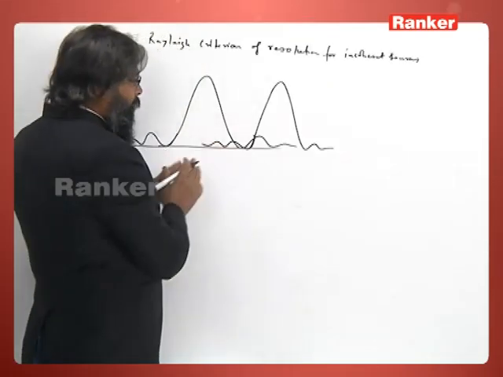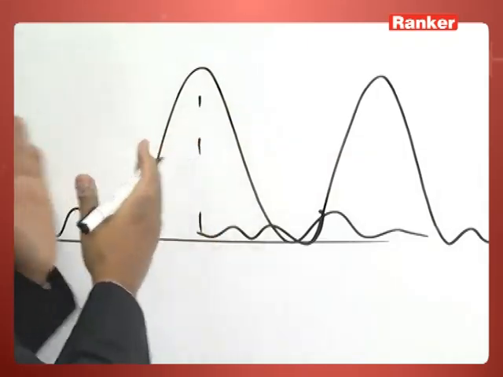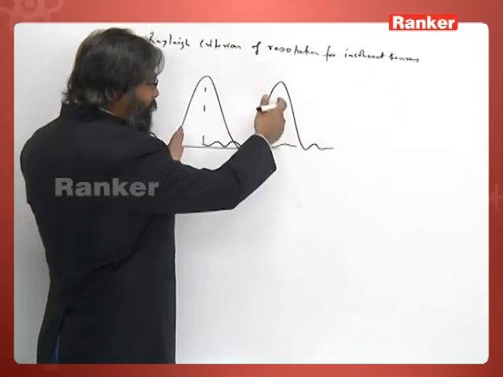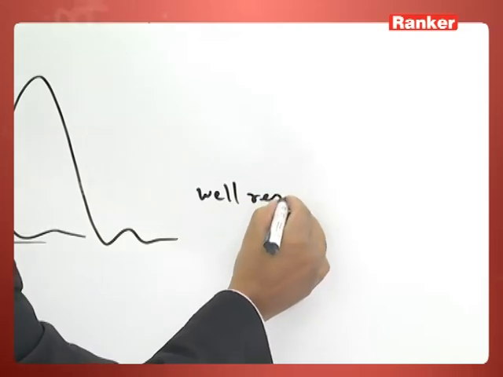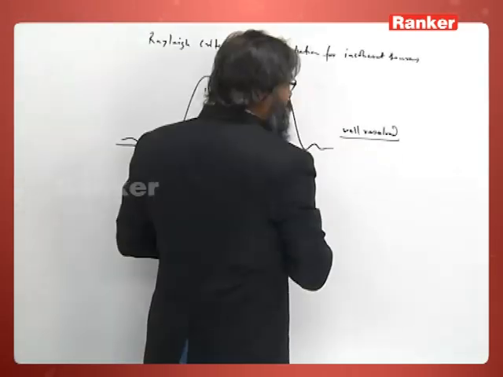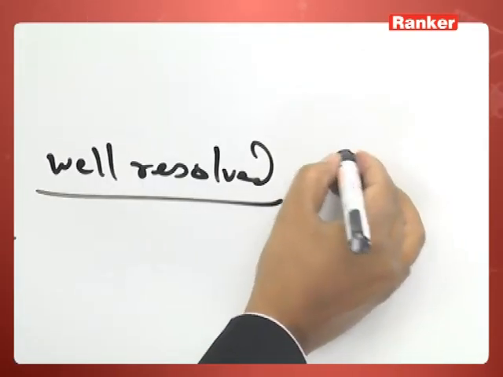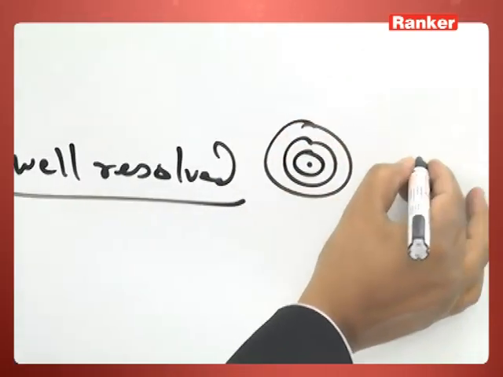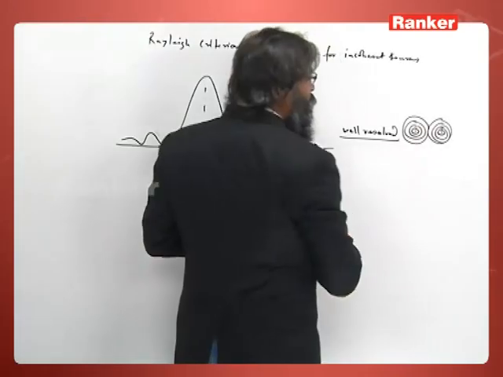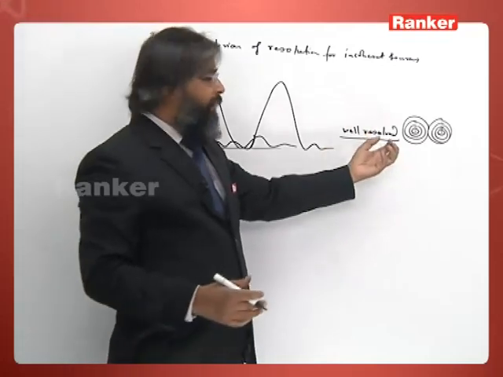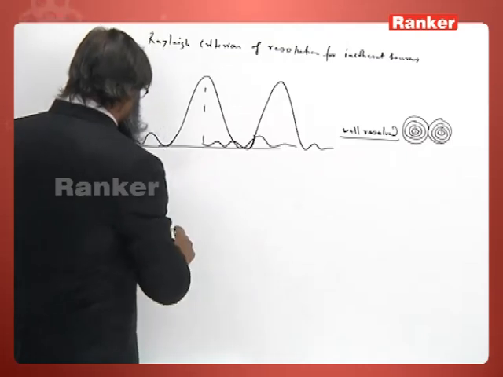So we will find that these two images, this is the diffraction pattern of one image, another image. So they are well resolved. If they are point objects, then we will find the image something like this. So two objects, clearly we can recognize that there are two objects. This is well resolved.